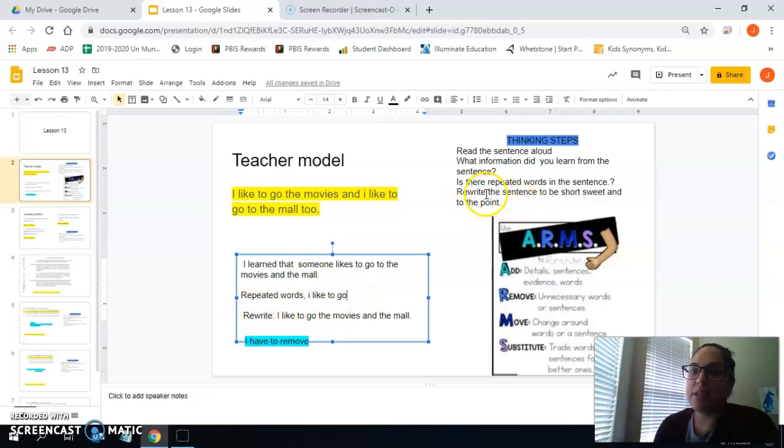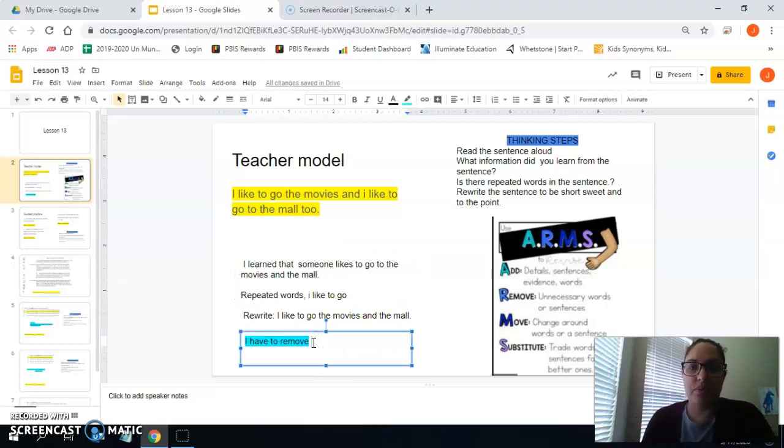And then the next step is rewrite the sentence to be short, sweet, and to the point. So how could I remove? The words that I'm going to remove are the repeated words, I like to, and just put it one time. So, I like to go to the movies and the mall.